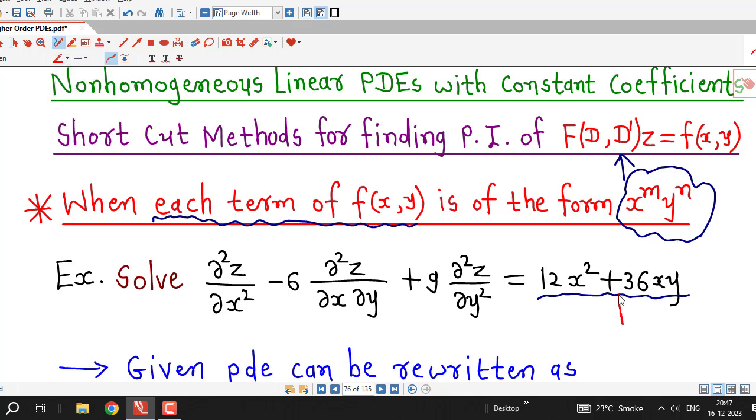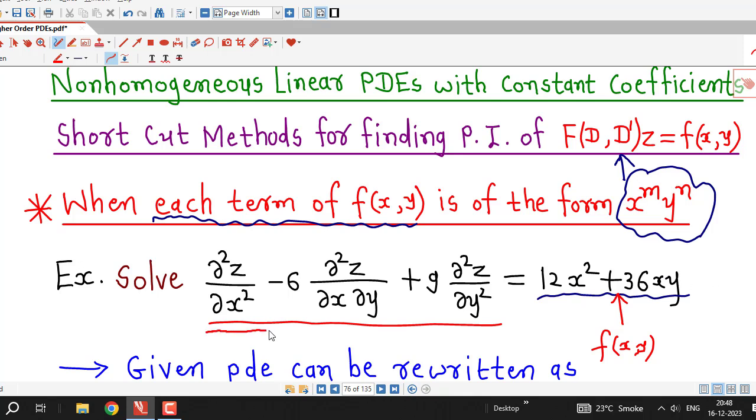Here also the right-hand side function is a polynomial in x and y, and as we know, to solve this non-homogeneous equation, first we consider the right-hand side equal to 0, that is, the corresponding homogeneous equation. The solution of that homogeneous equation is called the complementary function of the given equation, and then we find the particular integral.